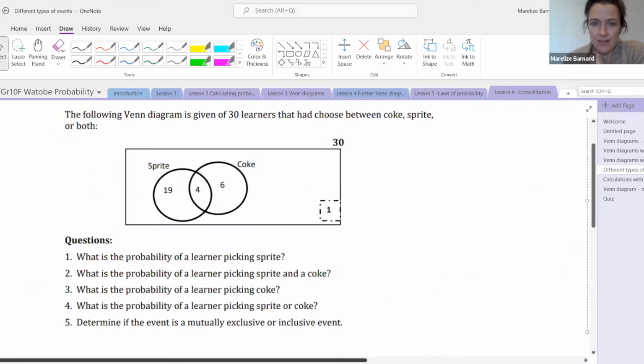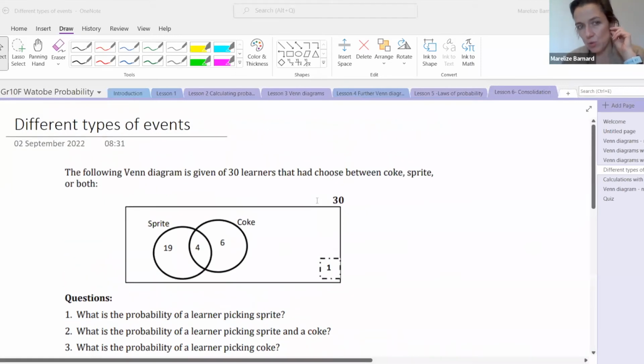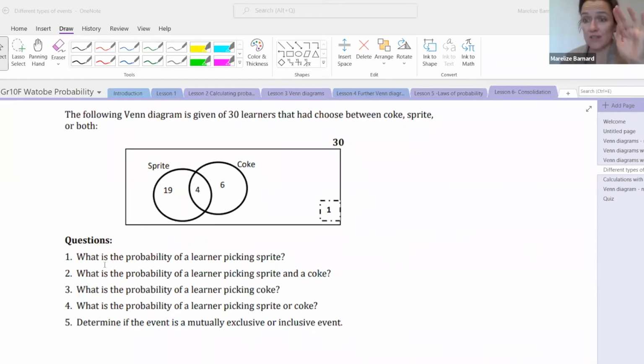Lucanio's got his hand up. And Lucanio, before you ask your question, I'm just going to give everyone the next question to do. Here we're not going to draw the Venn diagram, it is drawn for us. So I now want you to do the questions, hold answers, don't post answers yet.